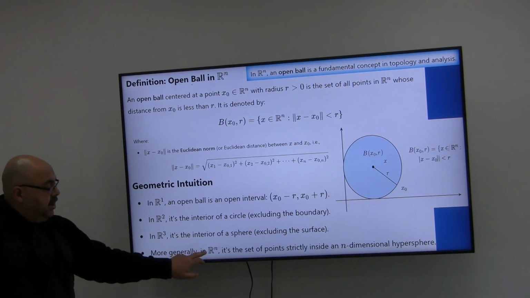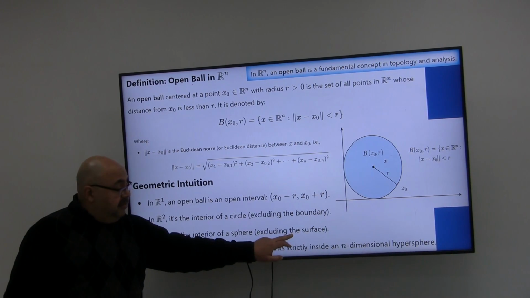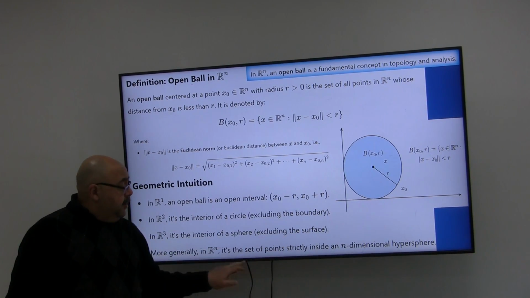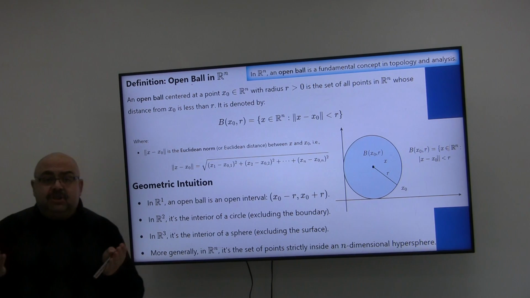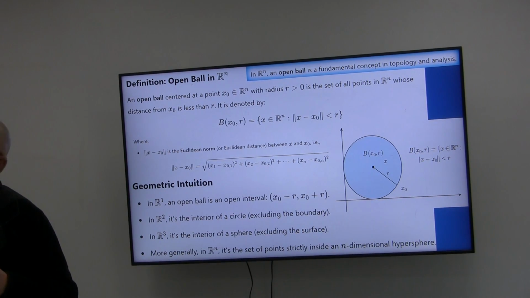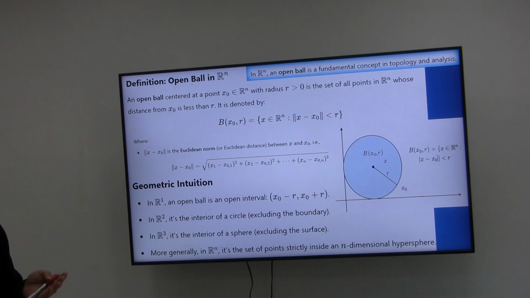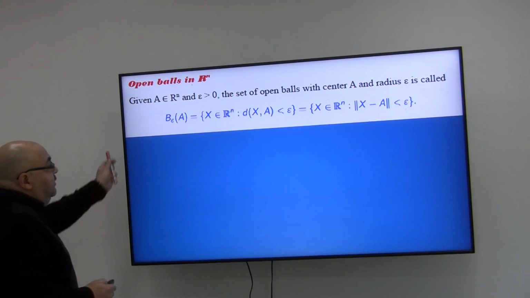More generally, in R3 it's going to be a sphere. In Rn, of course, we can't imagine the shape, but we call it a hypersphere. Because Rn is open, maybe R4, R5 or R6, you are not going to imagine if it is a sphere or something. You can't imagine it. Right?